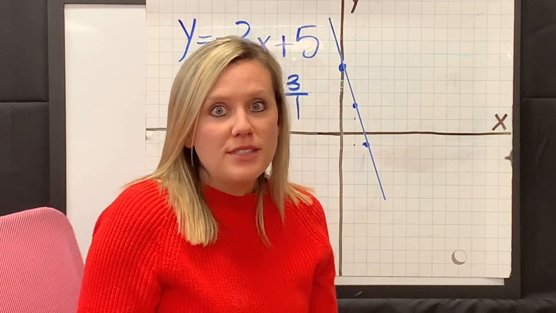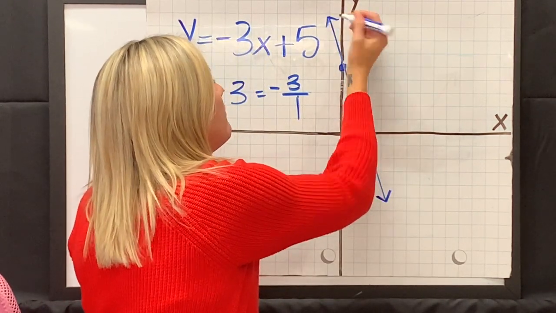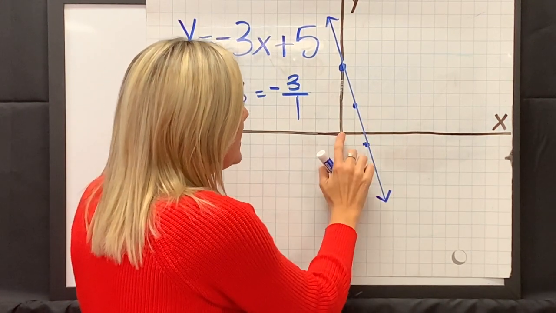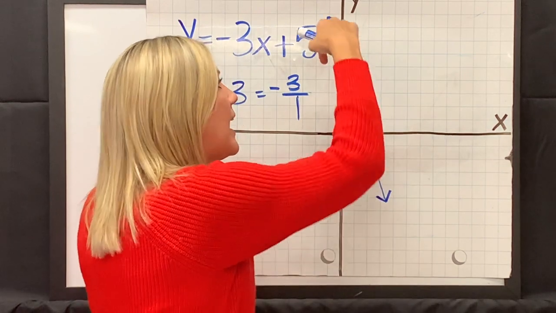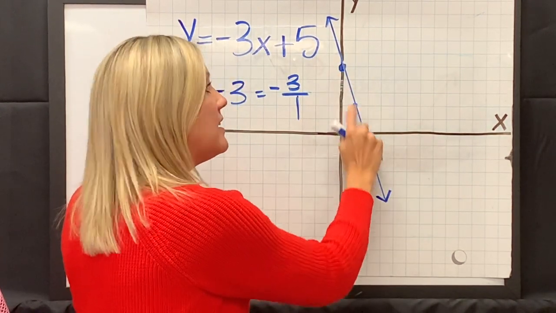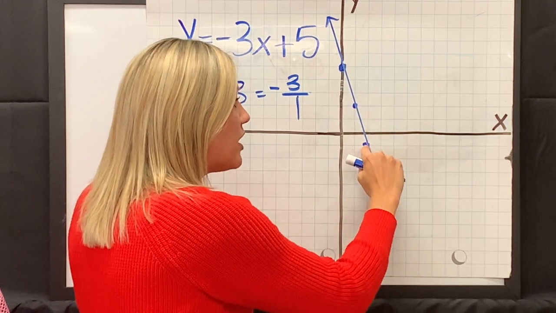I'm going to put arrows on each end of my line to show that it goes on and on forever in both directions. If you think about the story I told you, each hour that we move over, I am losing $3. So an hour goes by, I am now down 3. Another hour goes by, I'm starting to get in debt.